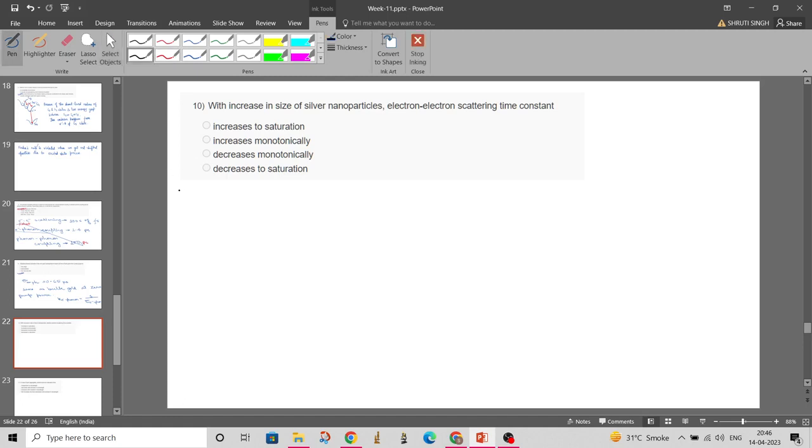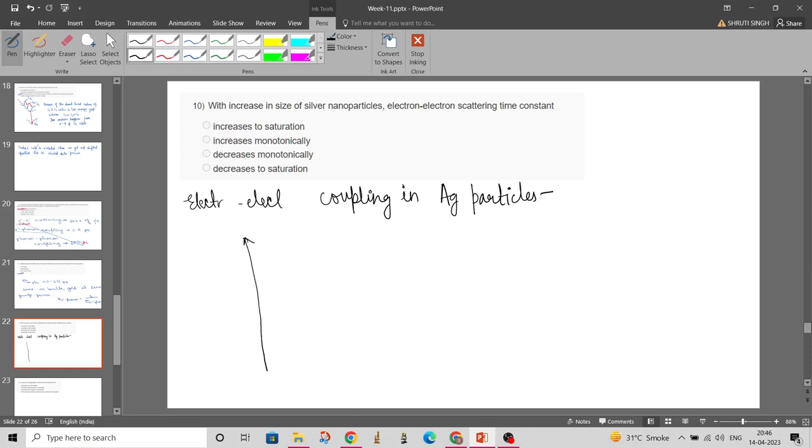So let's see. Electron coupling in Ag particles. The graph which comes is like this.